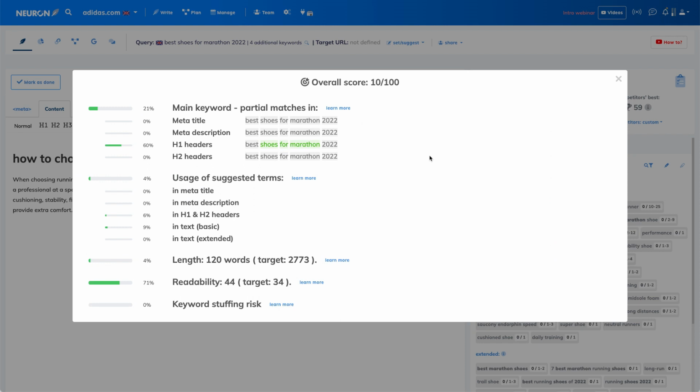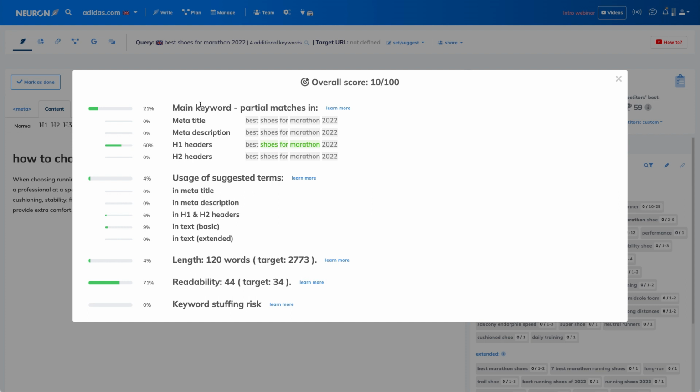If you look at the checklist, you will see that we, as Neuron, are looking at similar factors to Google. Google first tries to understand your document, starting from the title and the structure, like headers. Then they try to understand what you have in the specific paragraphs and so on.